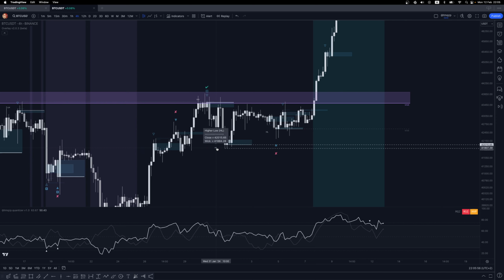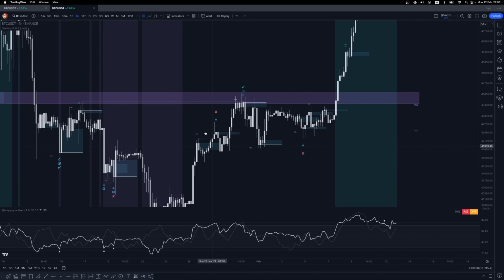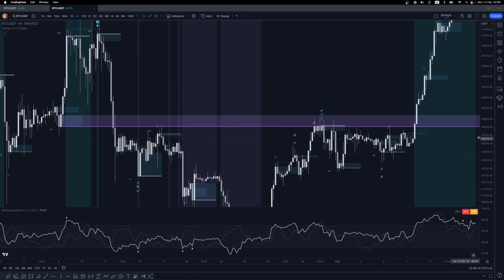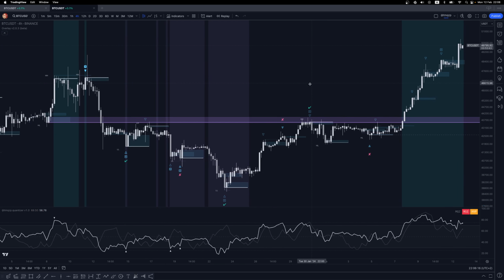You hover over that label, it will tell you those prices. And this works on any label, right? So just a tiny quality of life thing. If you take this higher high, it says higher high, and then close and wick level. It's just fun stuff.